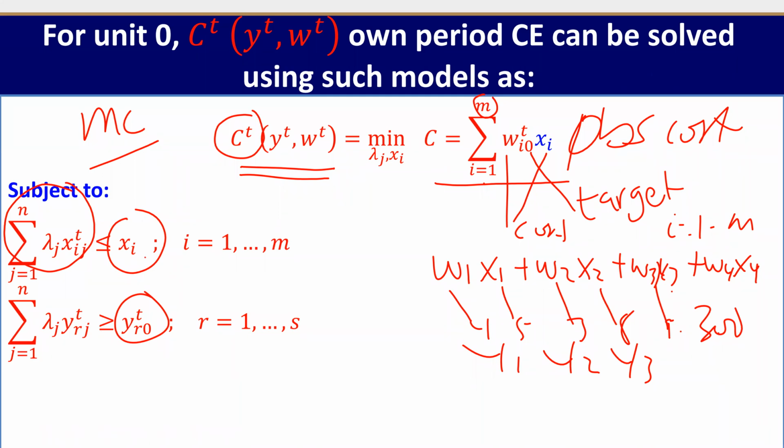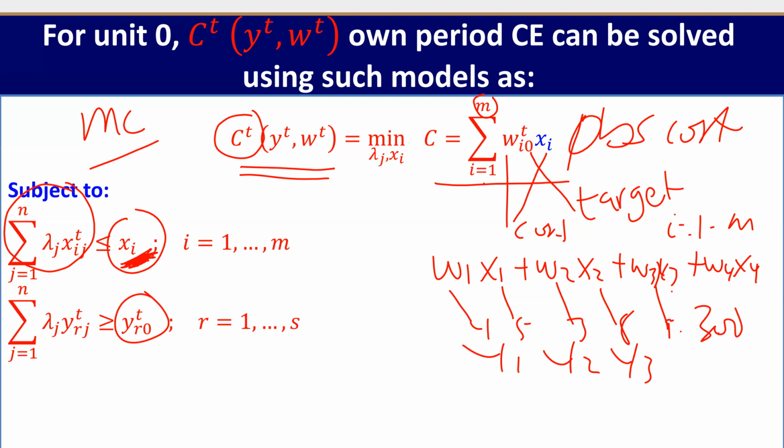If you look at the input here, the input is not that of the specific DMU that you are evaluating. It is a particular input, because by this stage, the input has already been minimized.